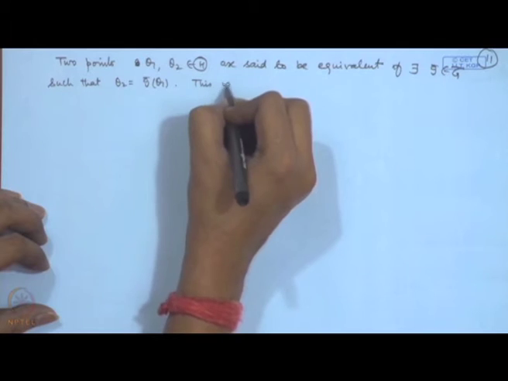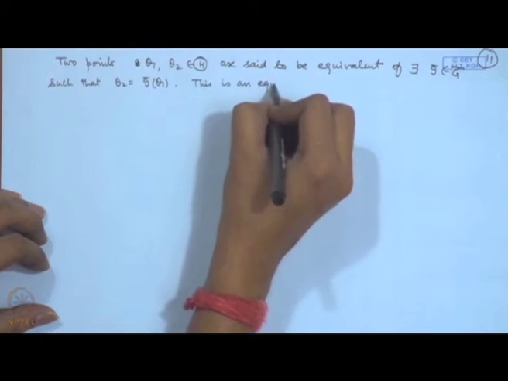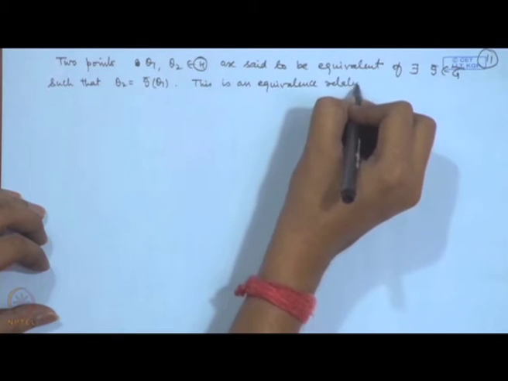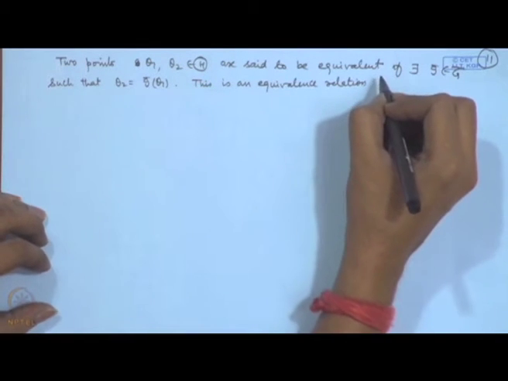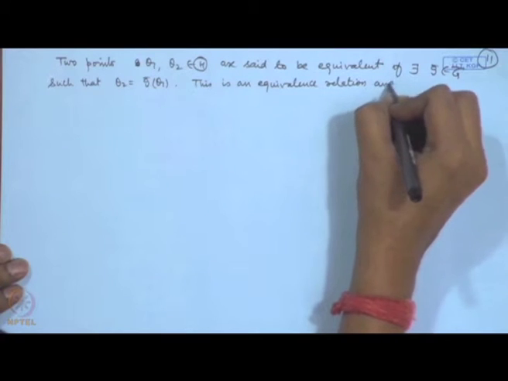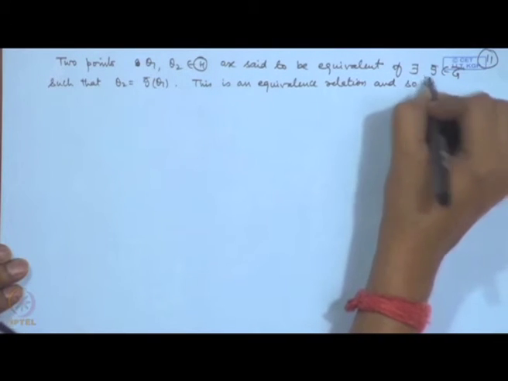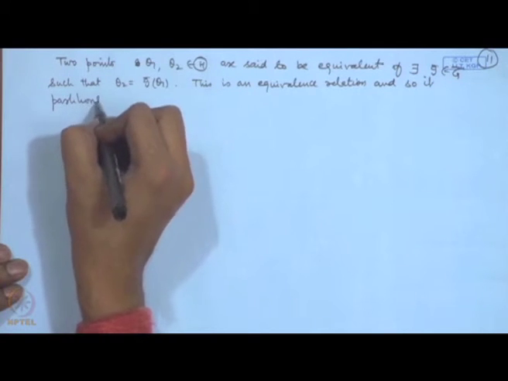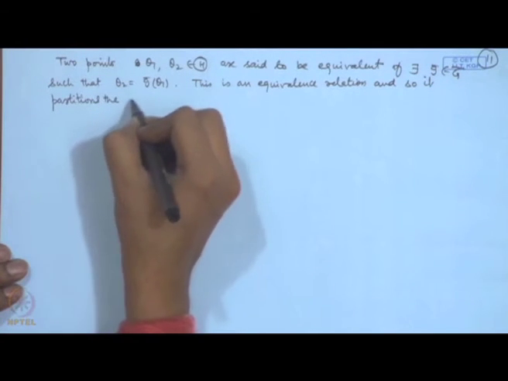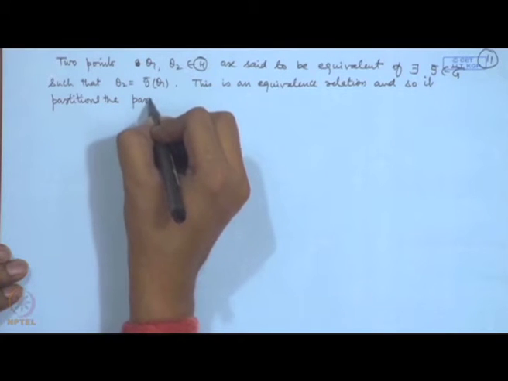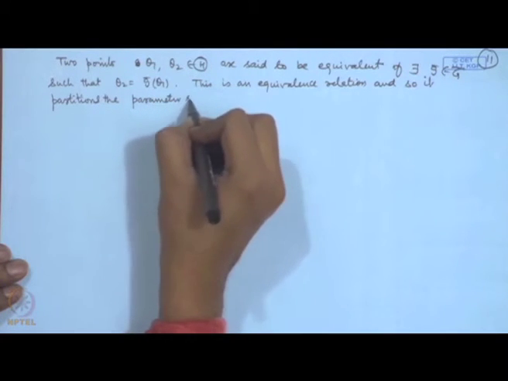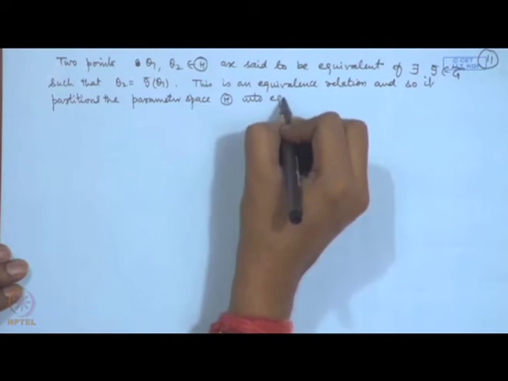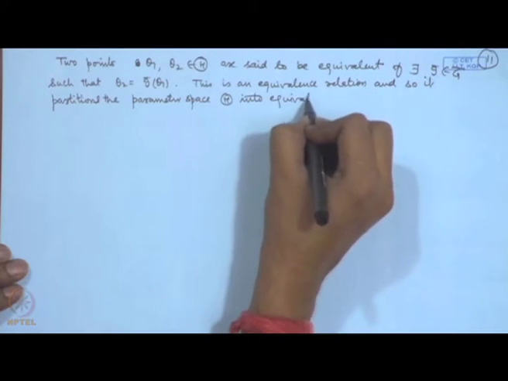Then this is an equivalence relation, and so it partitions the parameter space into equivalence classes.